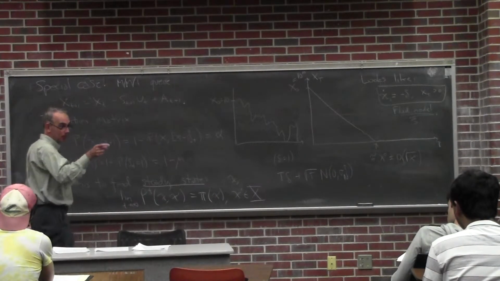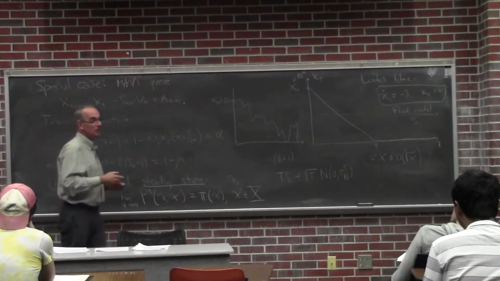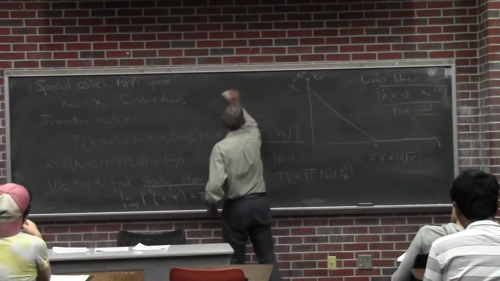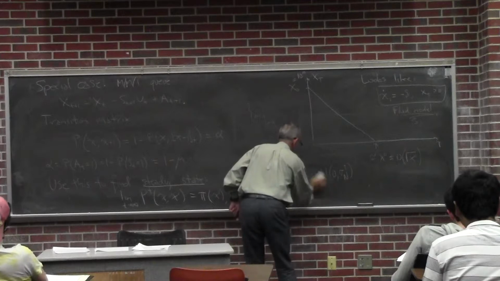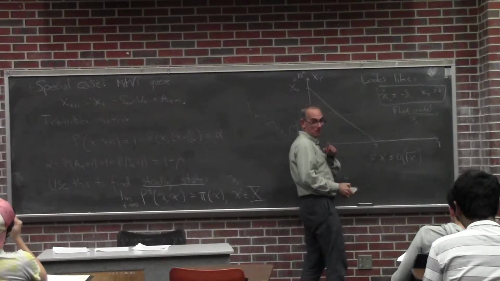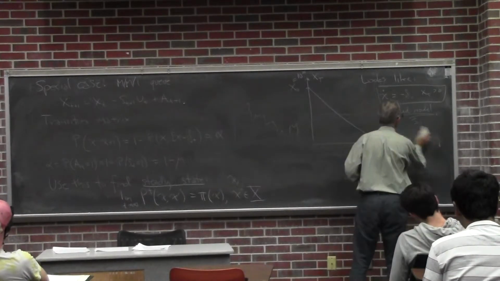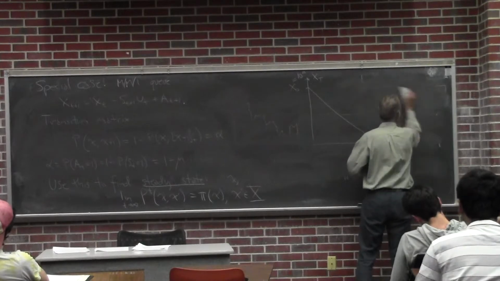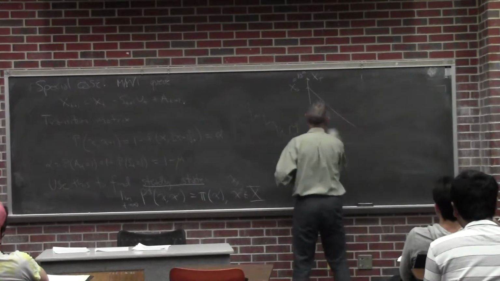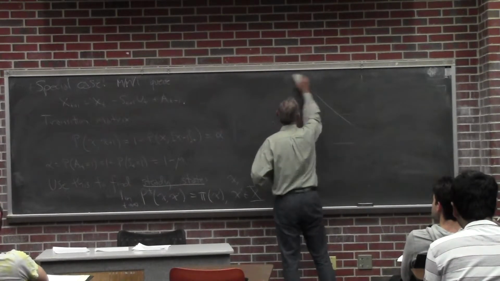Oh, P to the t. Remember that? Yeah, I mean, that's another definition. It's matrix multiplication. I mean, it's consistent, but it's a t-step probability. Yeah. But it's good that you asked that anyway.